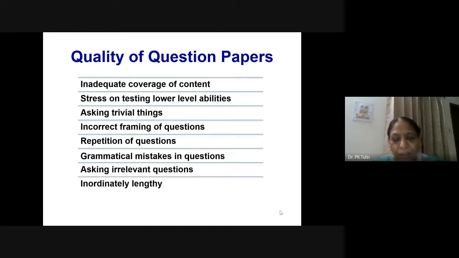And then the paper can be inordinately lengthy. When we set a question paper as paper setters, we hardly check how much time it will take for the student to attempt it. We often only make assumptions, and those assumptions are not tested. I'll give you one example of my previous head of department, Professor Dheer.